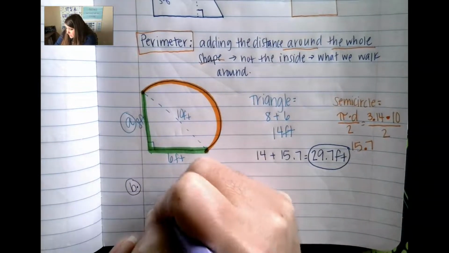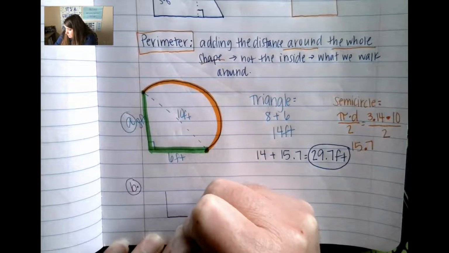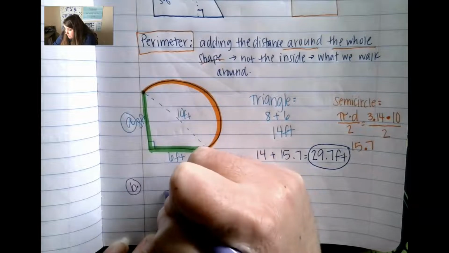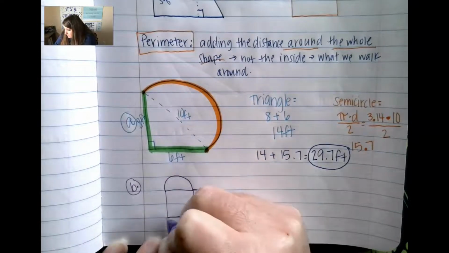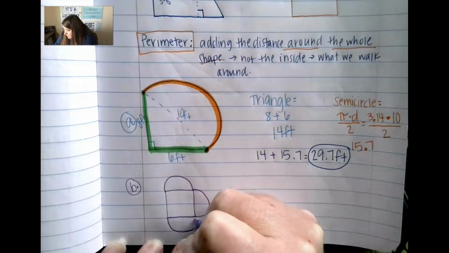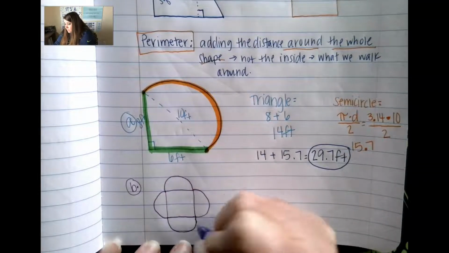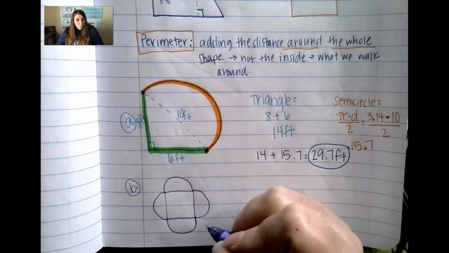So this composite shape is made up of what looks to be a square. However, the part that we're walking on is actually the semicircles on the outside. Okay, but we need these diameters here in order to walk.